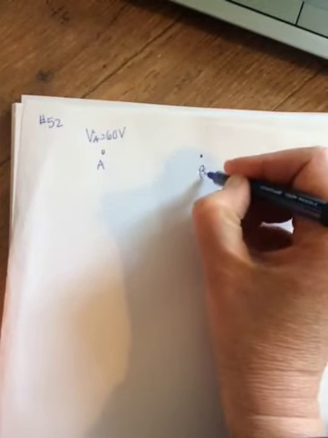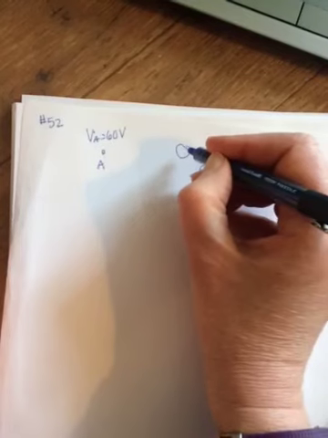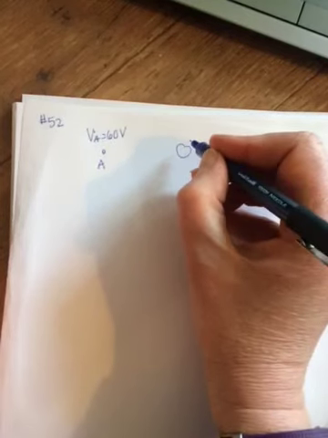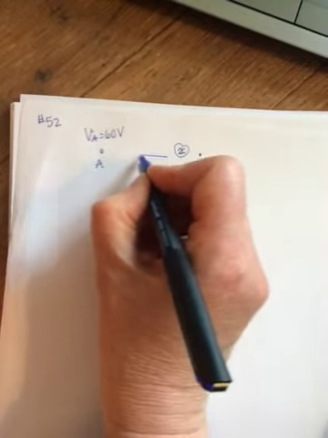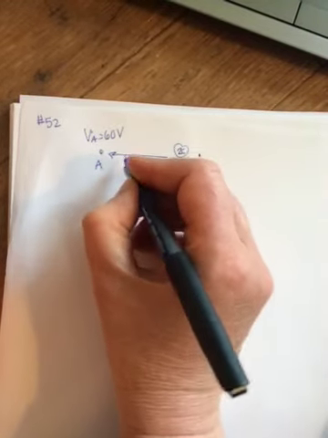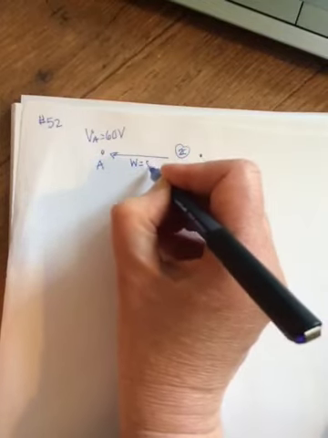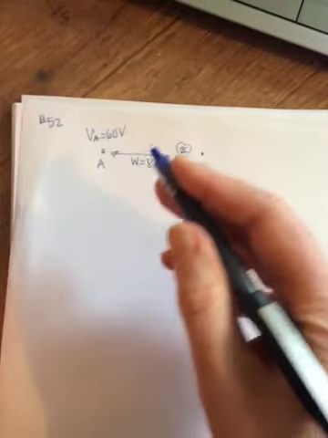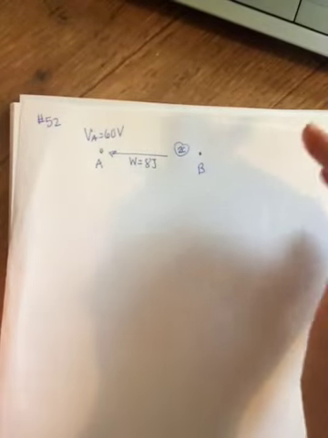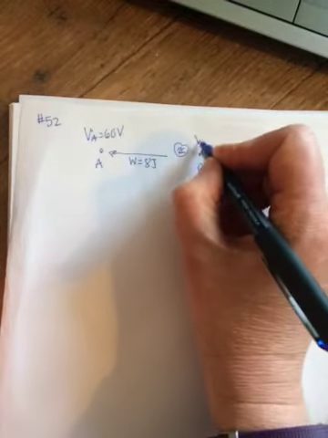So out here is point B, and I have a charge, a pretty big charge, 2 coulombs, and I'm moving it from B to A. To move it from B to A, I have to do 8 joules of work, meaning it's not going to want to go to point A on its own. So point A must be a point of higher potential. And it wants to know, what's VB?